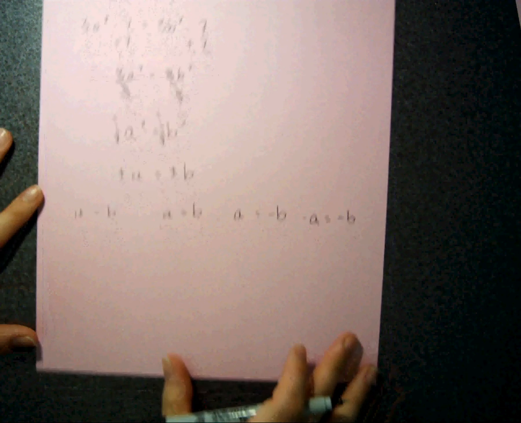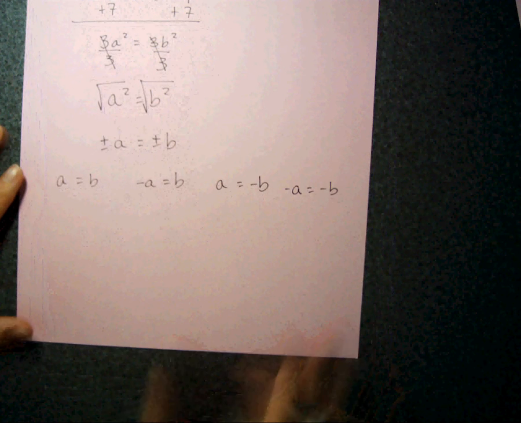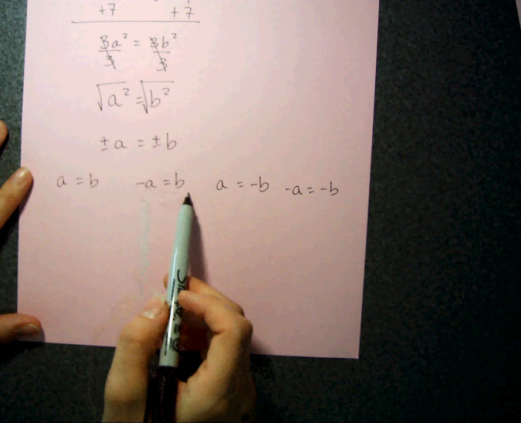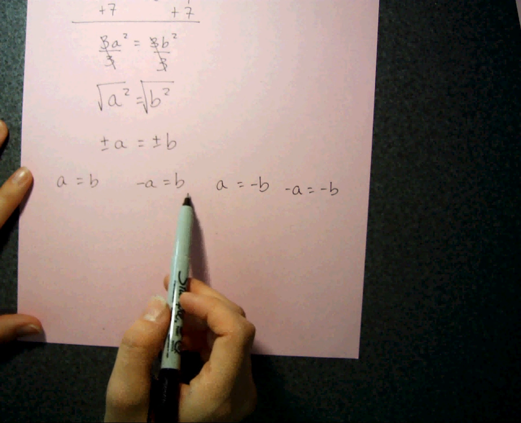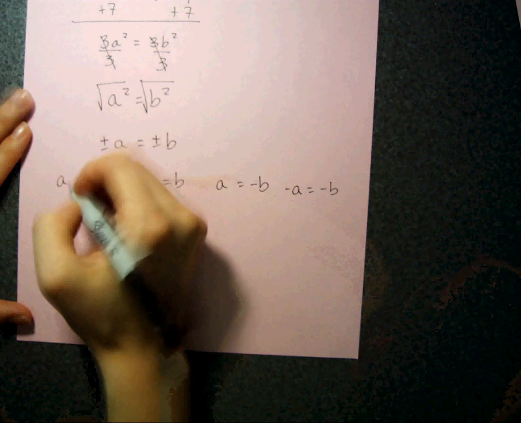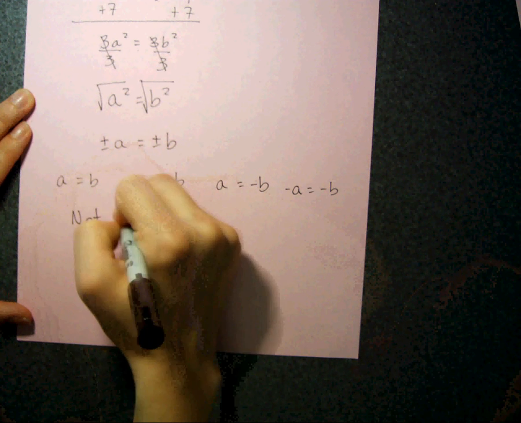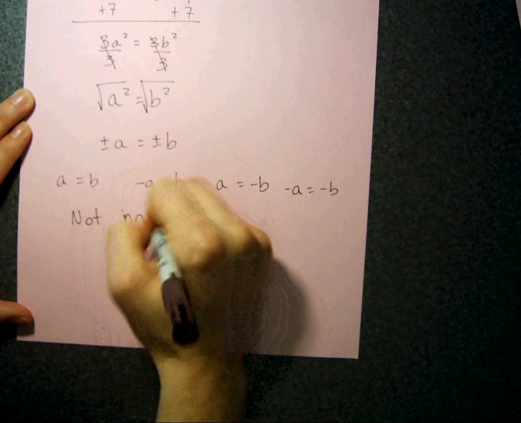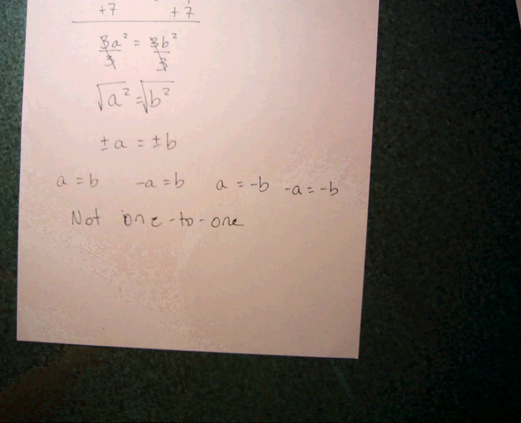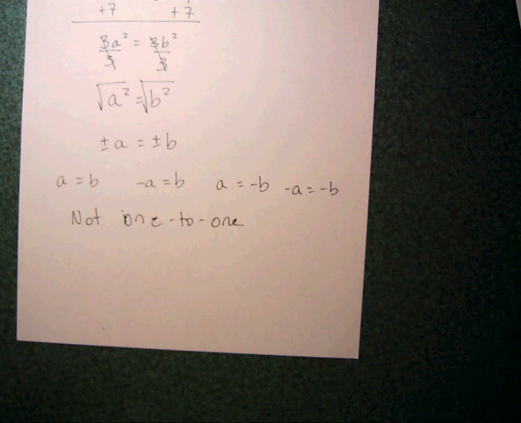So I have 4 different options here. So possibly a could be the opposite of b, but it's still giving me the same y value, right? I don't have just a and just b. When this happens, then my function is not one-to-one. Okay, if you cannot isolate just a and just b, then you know your function is not one-to-one.